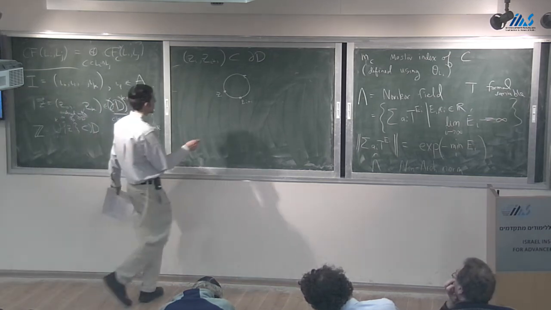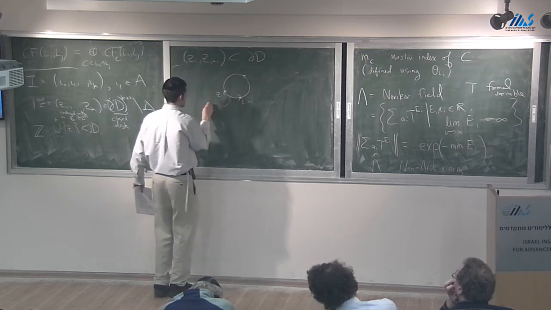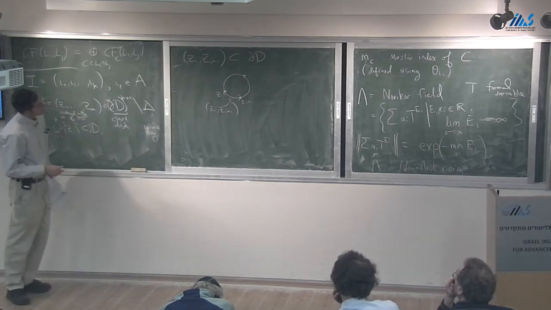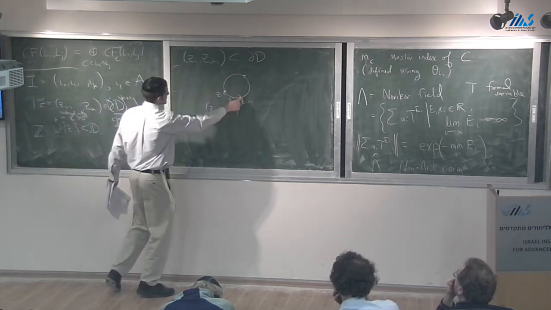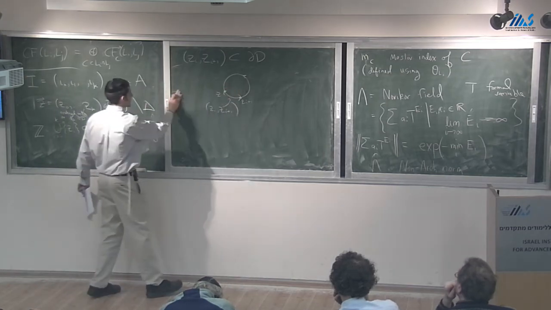And this is the interval z_i to z_{i+1}. Okay, because it goes from z_i to z_{i+1}, and not the other way around.